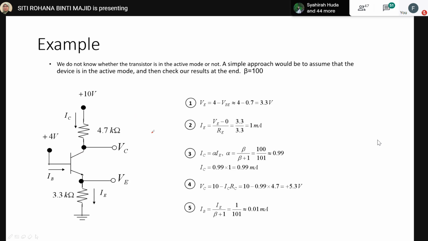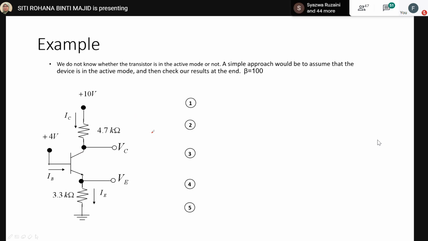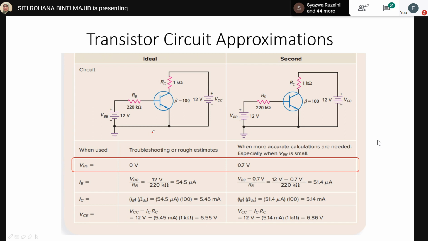And IE, from this diagram, once you calculate IB, you can calculate IC. So once you have IC and IB, you can have IE, right?